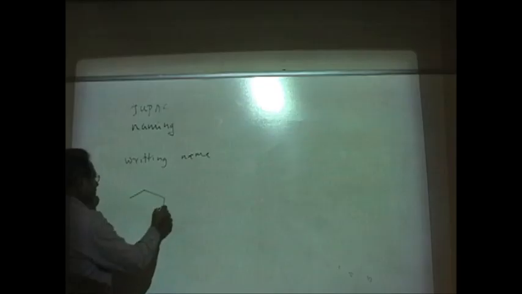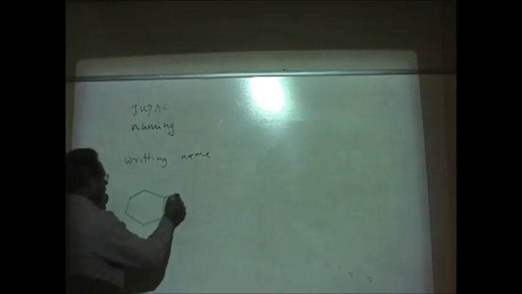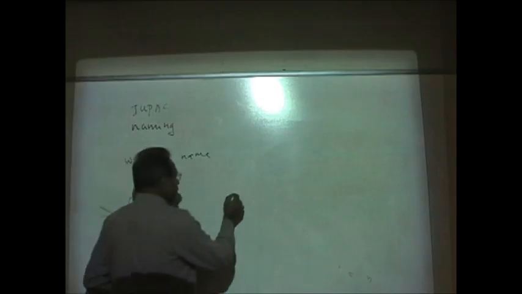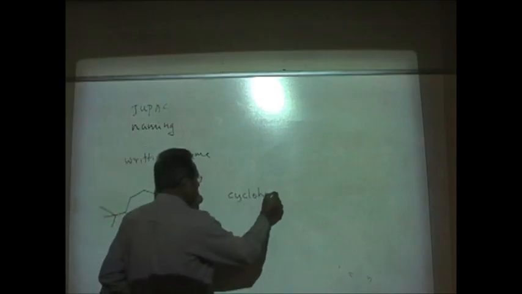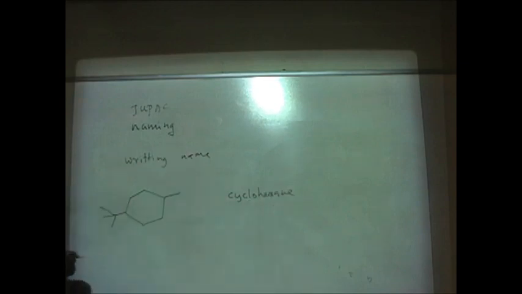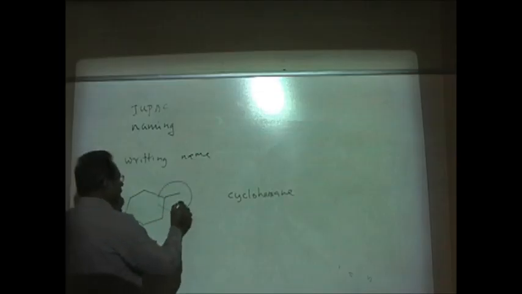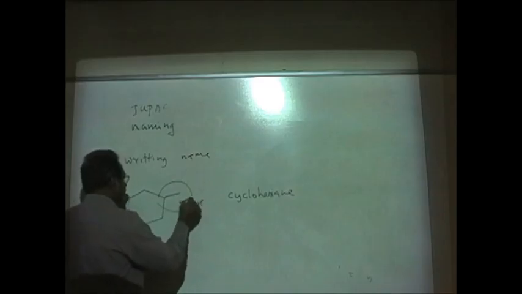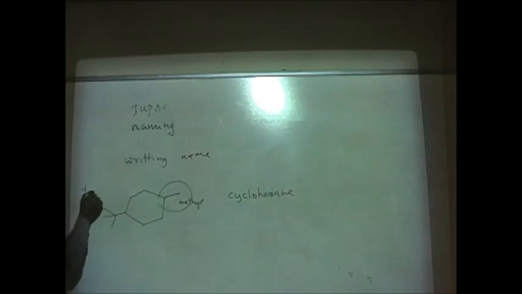For example, remember what we had was this. We were trying to name this. We call that cyclohexane. Then we try to identify the methyl group. Then you write the tert-butyl group here. Now, the point is this.